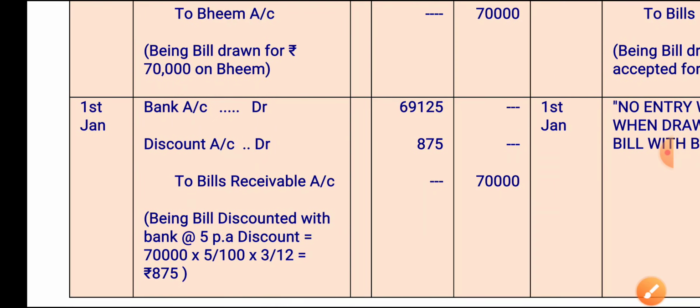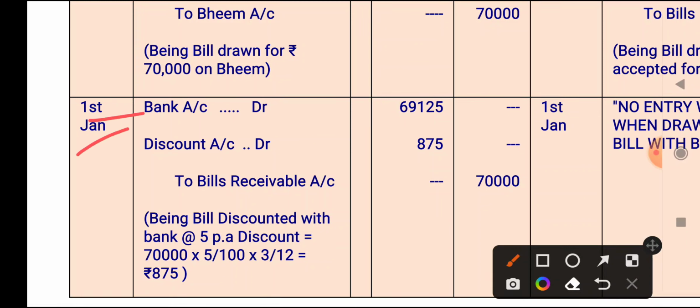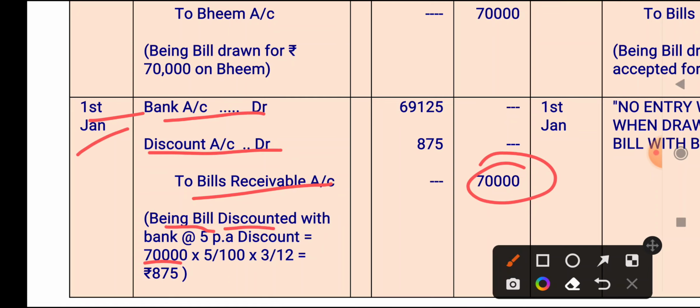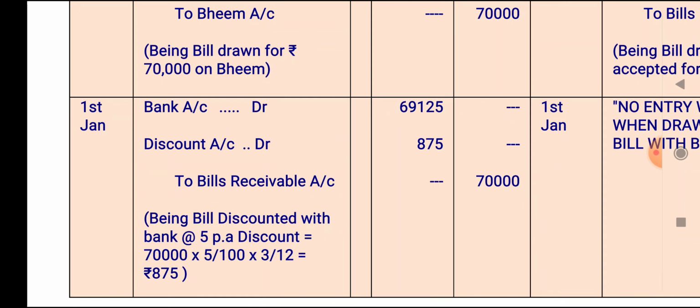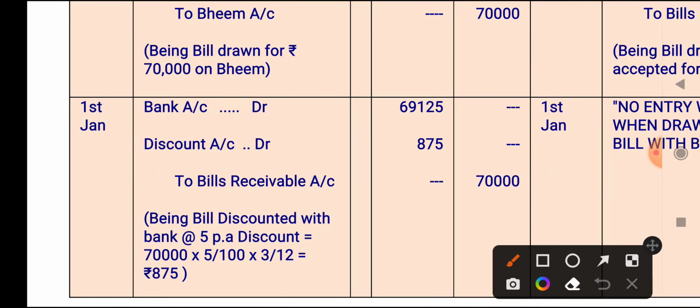Next, on 1st January itself, this bill, whatever is there, Ram has discounted with the bank. So bank account debit, discount account debit to bills receivable, as the bill is going out. So bills receivable amount 70,000, being bill discounted with the bank at 5% discount. This calculation is very important.